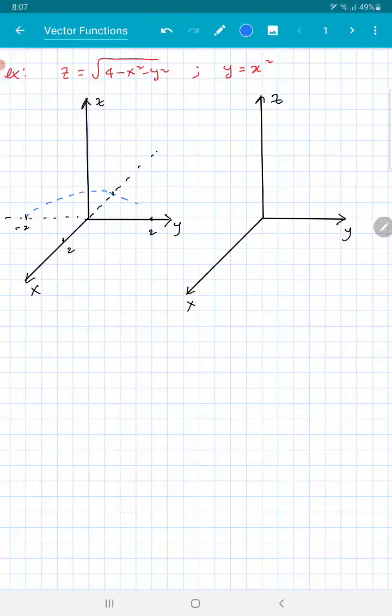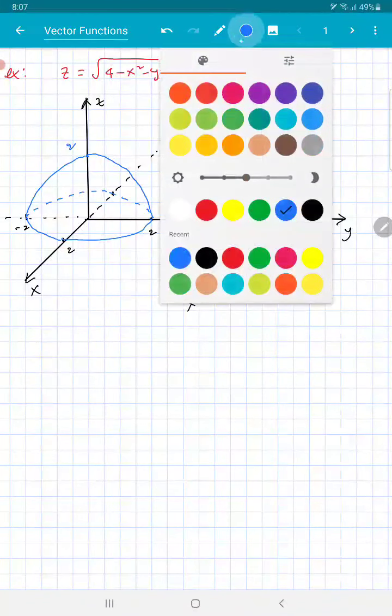So we have the upper hemisphere. I'm going to sketch this real quick, and here we have 1, 2, 3, 4. Here, that's a 2 as well.